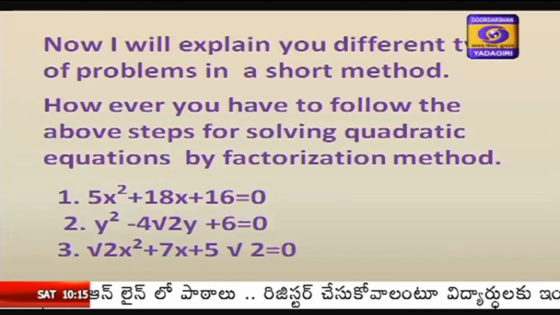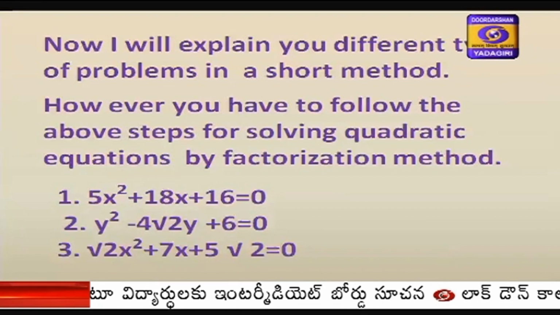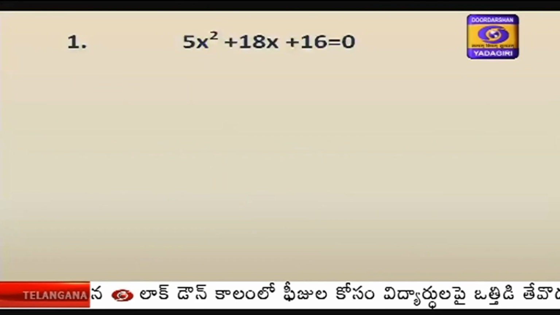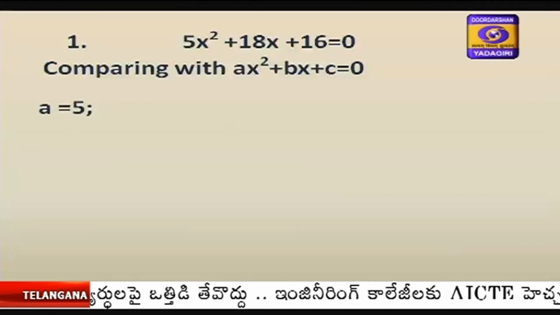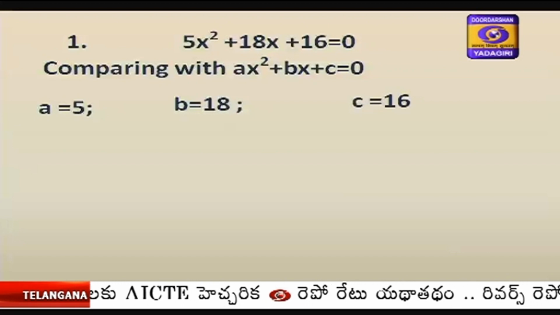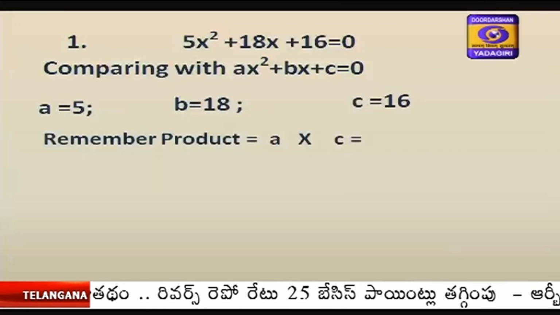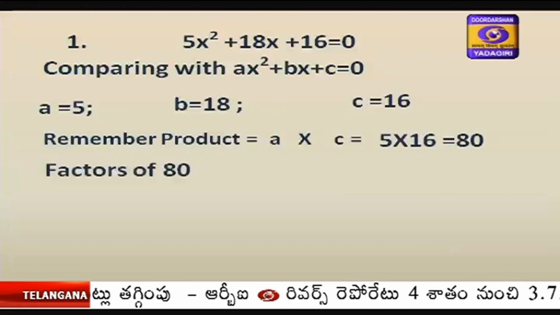Let us consider the first one, 5x square plus 18x plus 16 equals 0. Then what do we have to do? Remember the product of a and c. a equals 5, b equals 18, c equals 16. What would be the product? Product equals a into c, that is 5 into 16, it is 80.